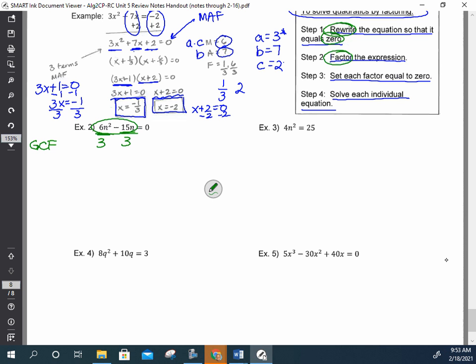Take out 3. Both terms have a variable, so you're going to take out an n. So 3n, parentheses, 6 divided by 3 is 2. n squared divided by n is n. Minus 15 divided by 3 is 5. n divided by n drops out.